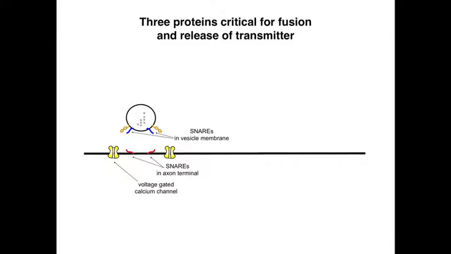Complementing those snares are snares in the vesicle membrane, as shown as little blue lines emanating from the vesicle. And the third one, and this one's very important, is synaptotagmin, because synaptotagmin is the calcium binding protein. And I promise you, synaptotagmin will be one of the questions on your exam.